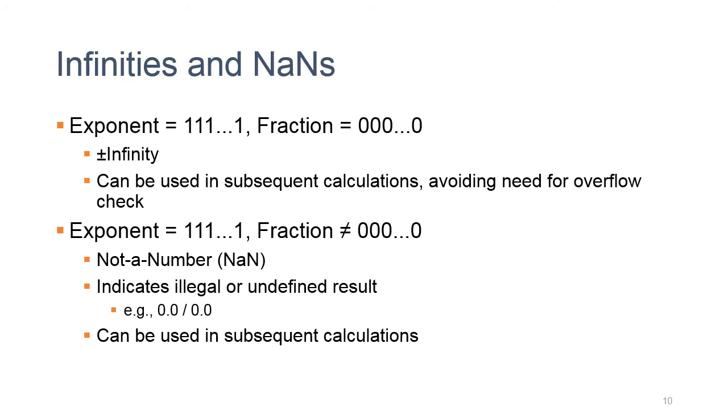In the first case, if we have an exponent with all ones and a fraction part with all zeros, this represents an infinity number and can be used in subsequent calculations, avoiding the need for overflow checks. In the second case, if we have all ones in the exponent field and a non-zero fraction part, then it is not an infinity number, but it represents a NaN, which means not a number.